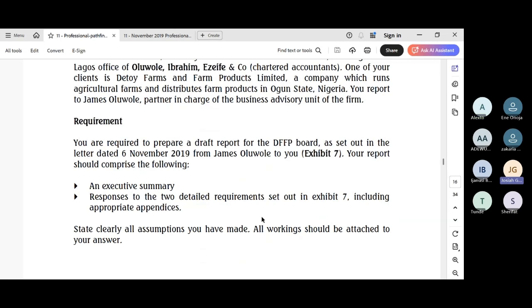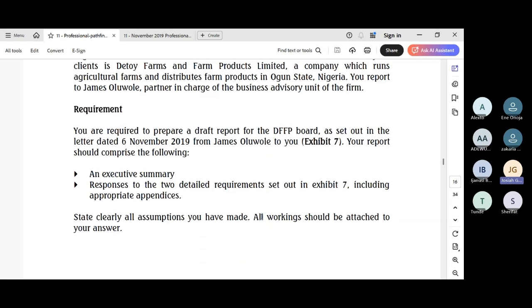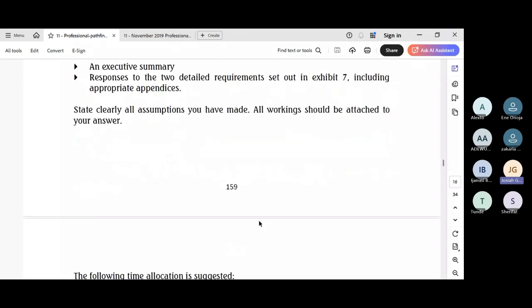It's 20 marks. It's 20% of your exam. You have to write an executive summary. Very, very important. And also appropriate detailed appendices for you to respond to the 2 detailed requirements in Exhibit 7.